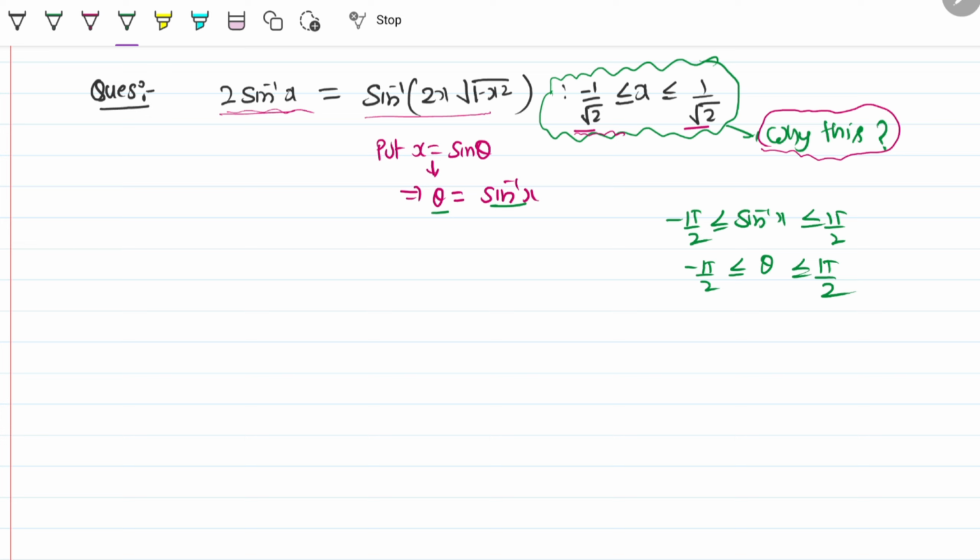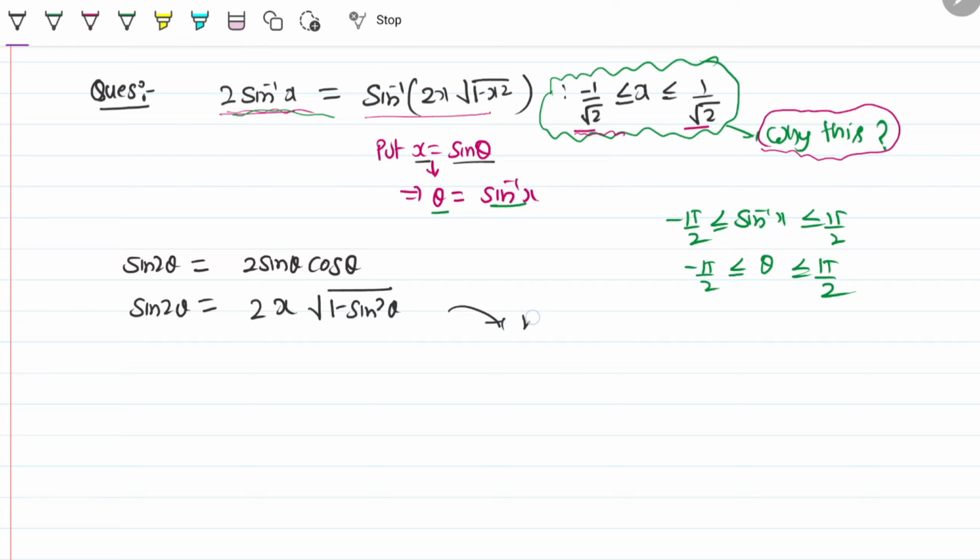Okay. Now to prove this property, we use sin 2 theta. Sin 2 theta is 2 sin theta into cos theta. Sin theta value is x, so it implies sin 2 theta is 2 times x, and cos theta we can write as root of 1 minus sin square theta.